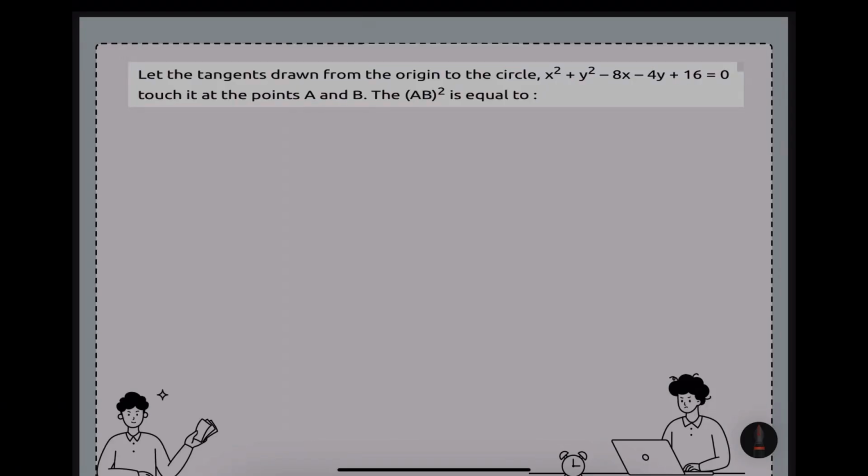So we got this illustration from the current topic, and it says let the tangent drawn from the origin to the circle.